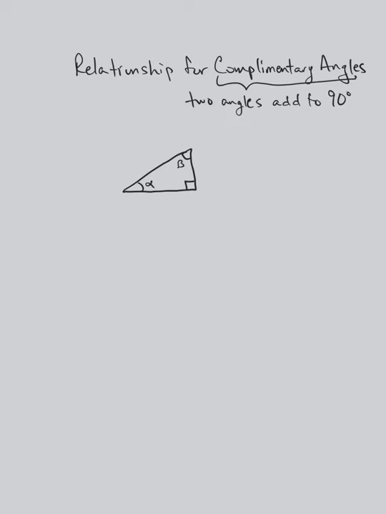So alpha plus beta plus that right angle, which is 90 degrees, has to equal 180 degrees. If I subtract 90 degrees from both sides, I get that alpha plus beta is equal to 90 degrees. What's significant about that is they're complementary. That's what complementary angles are.